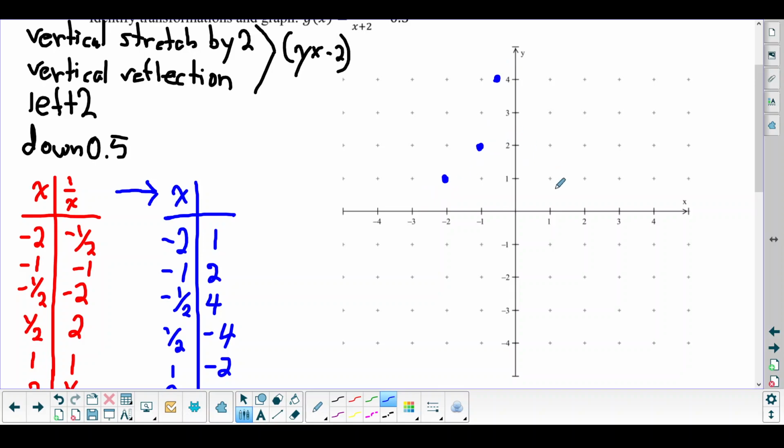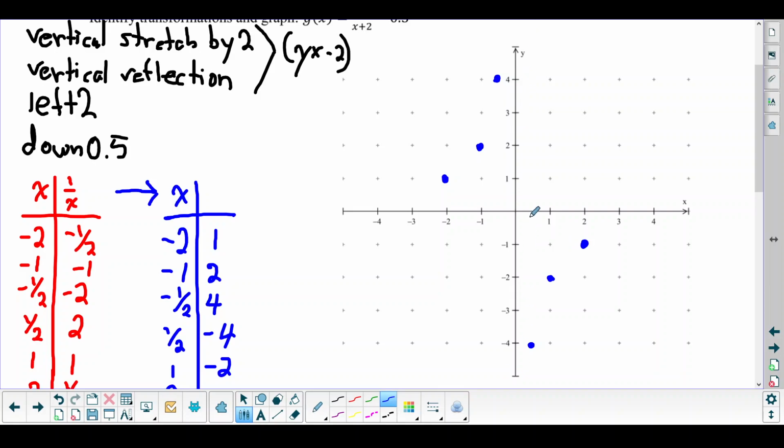It's interesting. It's probably because we had a reflection. Kind of makes sense. If we have vertical reflection, the points that were in this quadrant here should reflect up to this top quadrant. Okay, 1/2, -4. 1, -2. Sorry, 2, -1.